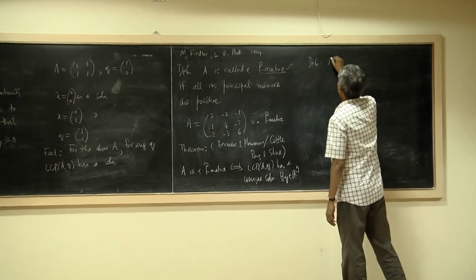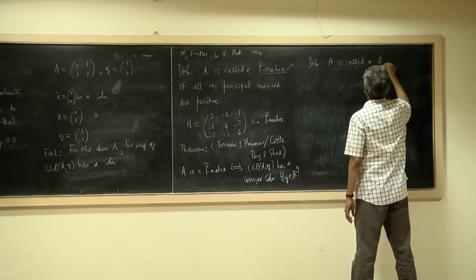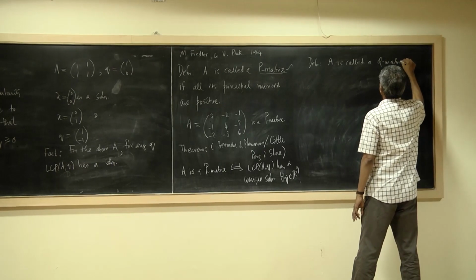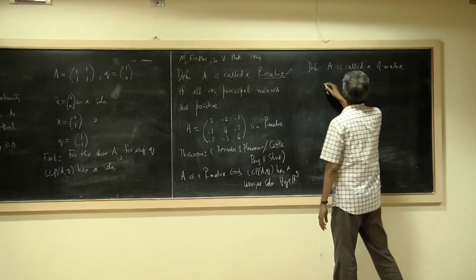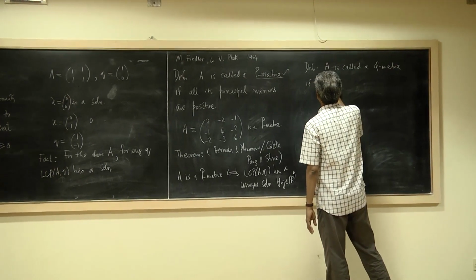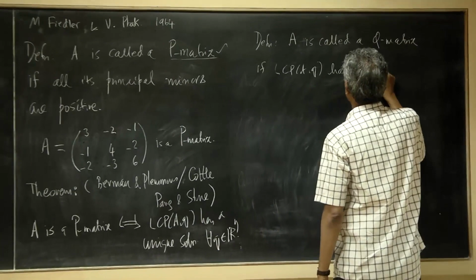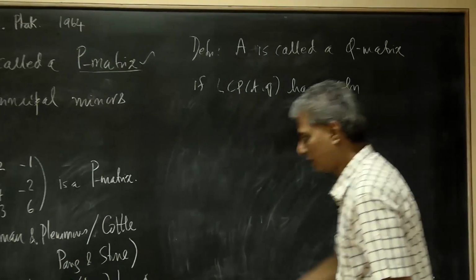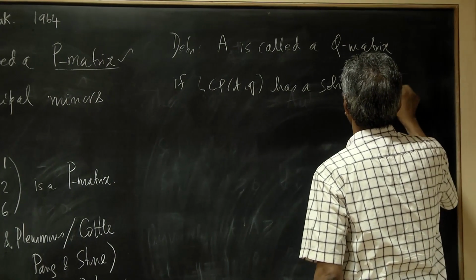A is called a Q matrix. Now, this is not really a definition. It's called a Q matrix if LCP(A, q) has a solution. See, here it is unique. Has a solution for all q in R^n.